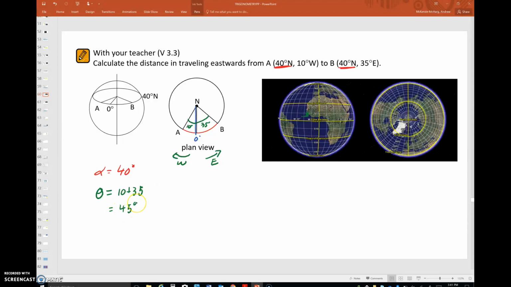So our angular separation, theta, is 45 degrees. And just like before with different latitudes, if one was north and one was south, we'd add them up. Here we've got one to the west and one to the east, so we'll add them up here as well. Okay, so our formula should look like this.